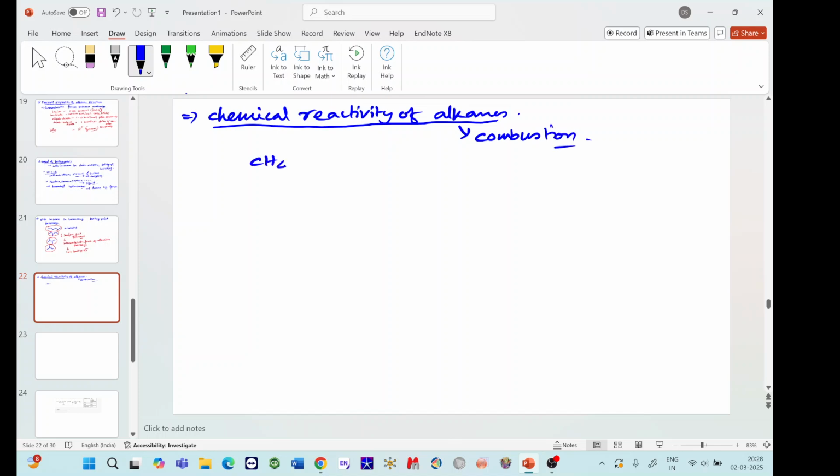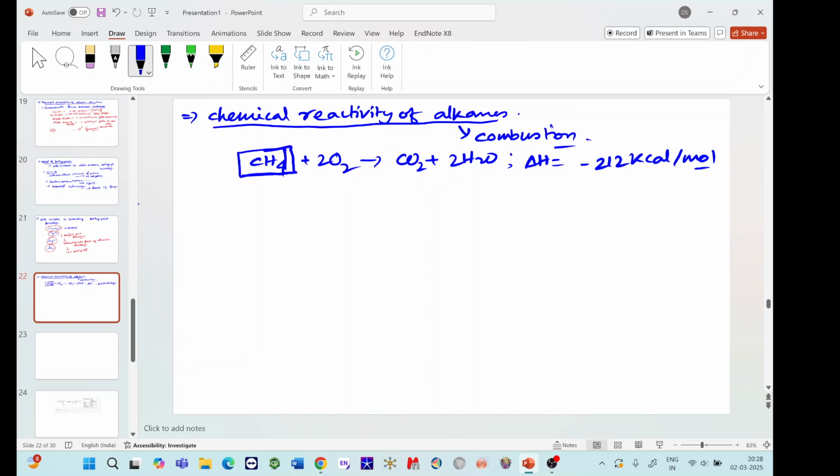So this is a basic molecule, that is methane. In combustion, we oxidize it to carbon dioxide, and then we produce water. What is the enthalpy change of the reaction? Enthalpy change is minus 212 kilocalorie per mole.